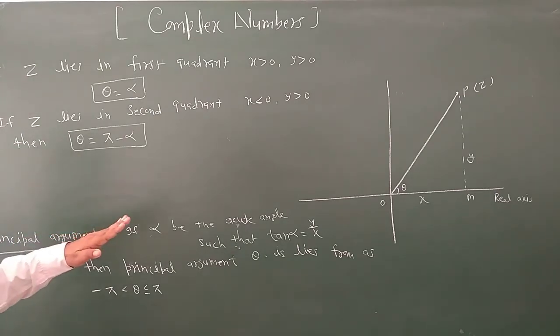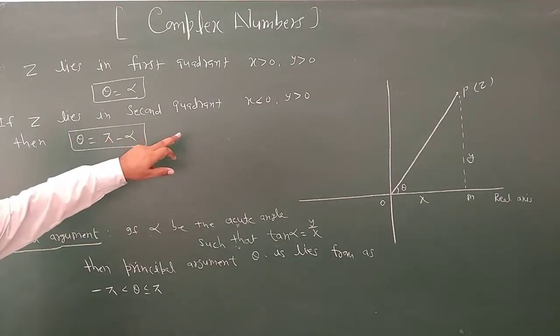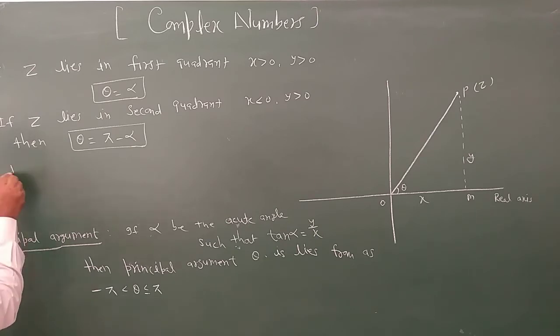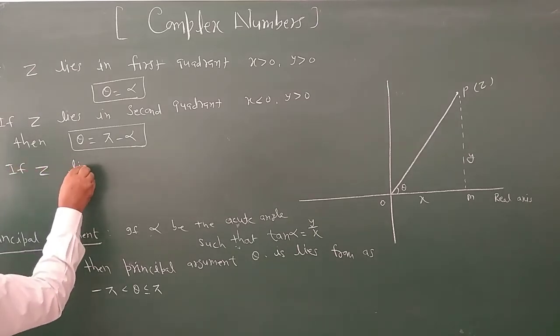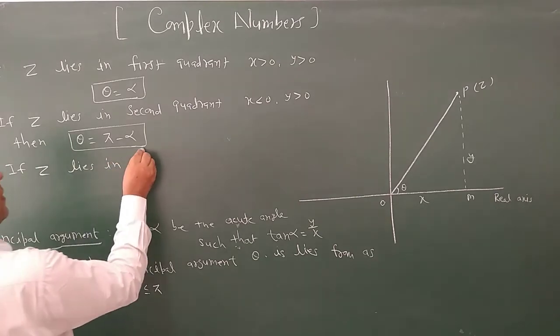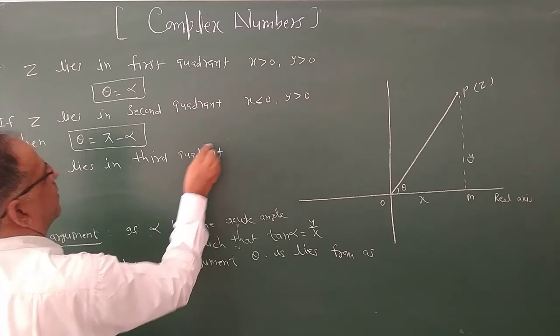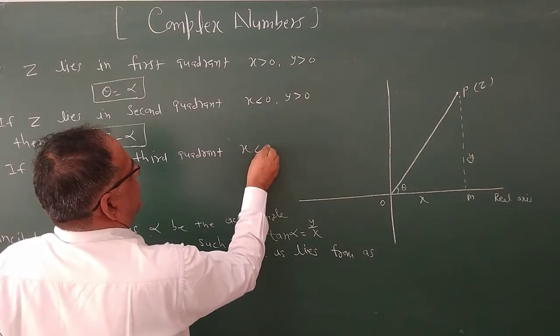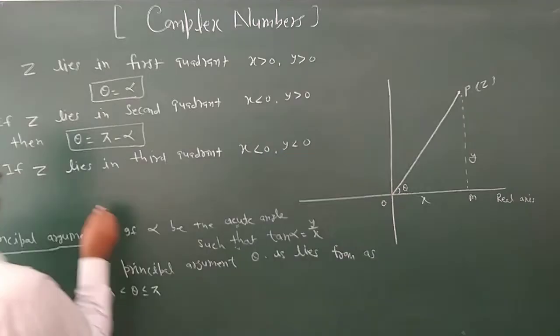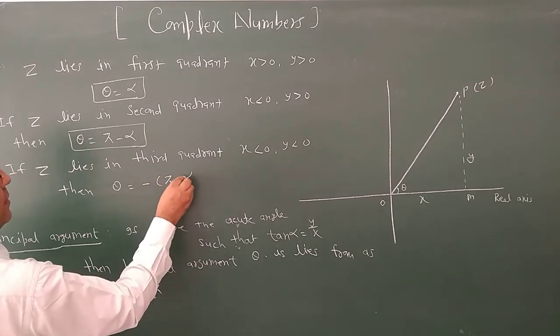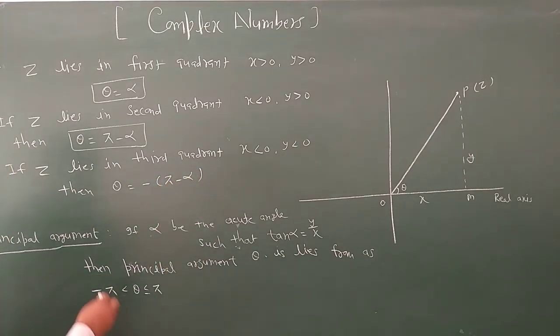If z lies in the second quadrant, x less than 0, y greater than 0, then the principal argument theta is equal to pi minus alpha. If z lies in the third quadrant, x less than 0, y less than 0, then the principal argument theta is equal to minus pi plus alpha, because the range of the principal argument lies between minus pi and pi.